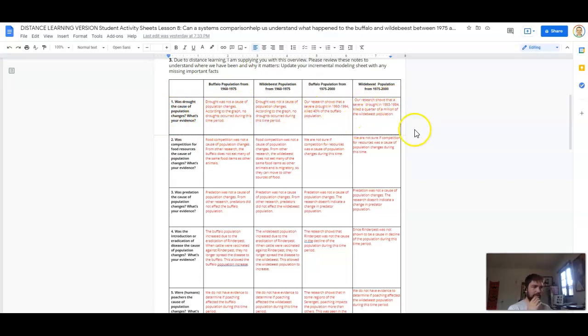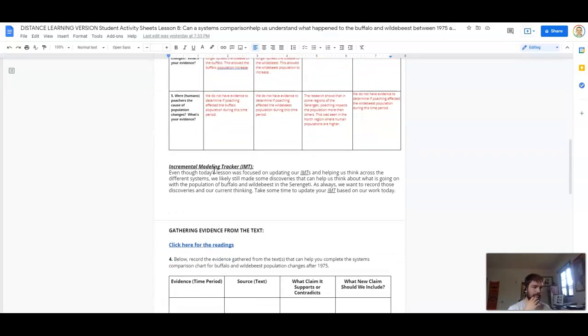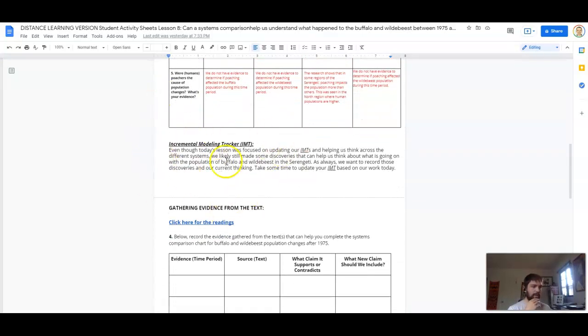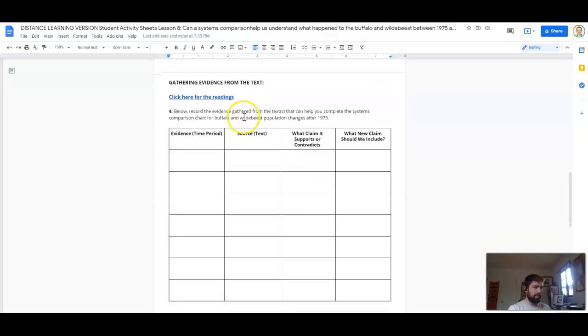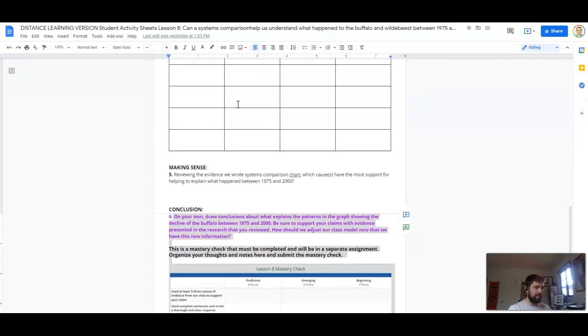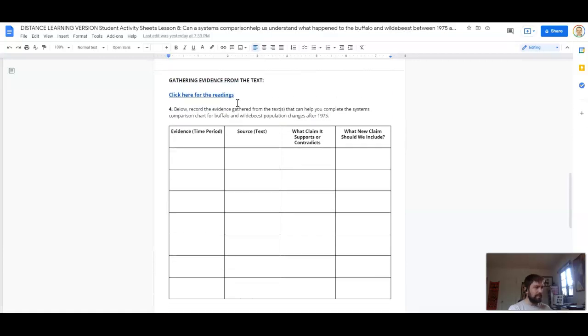I want you to read through these main points, take some notes, and draw on your sheets about the main takeaways for each one. You can skim them and just get the main points. Make sure you update your incremental modeling tracker as you do this and put down any additional points you are missing.